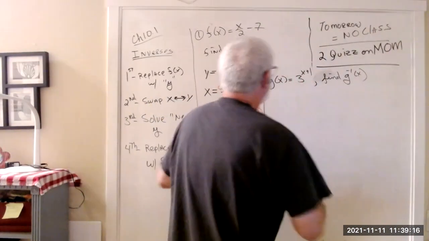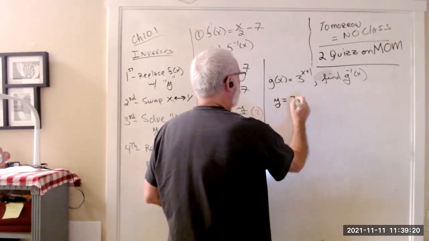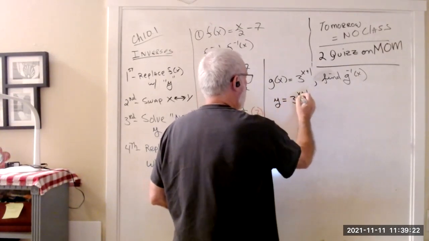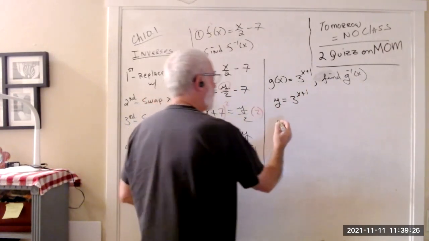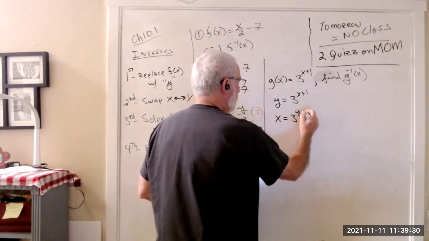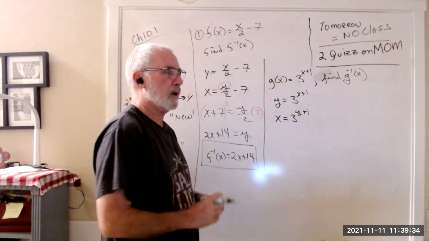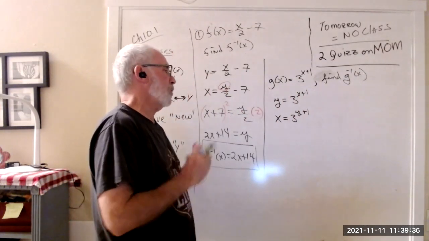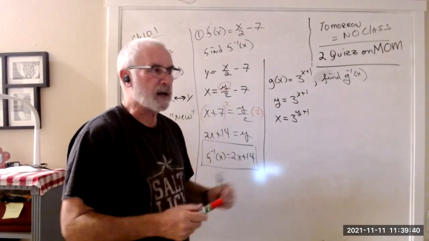Okay, so we're going to write this as y equals 3 to the x plus 1. Then we're going to swap x and y. So x equals 3 to the y plus 1. Now, your job is to get the y by itself. But how?